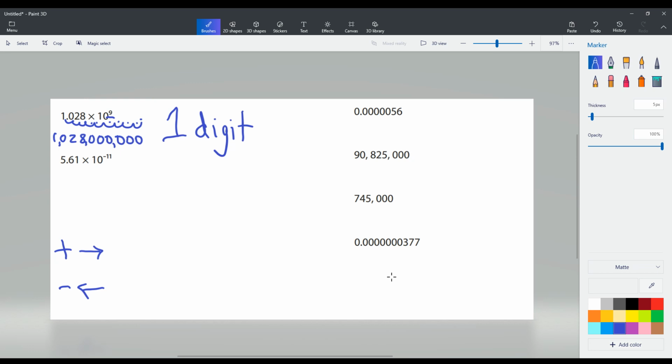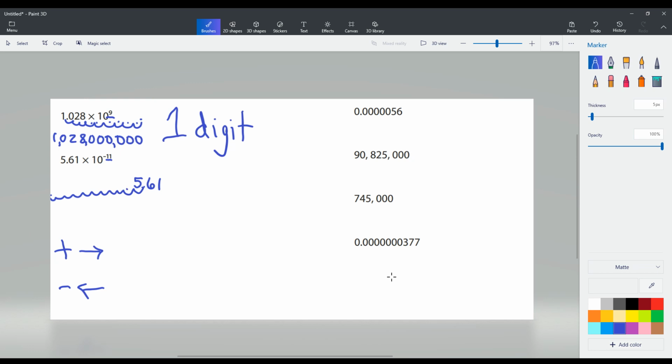This one, on the other hand, has negative 11. That means I'm going to move 11 places to the left. So I'm going to have to rewrite that one, 5.61, and I'm going to go 1, 2, 3, 4, 5, 6, 7, 8, 9, 10, 11.